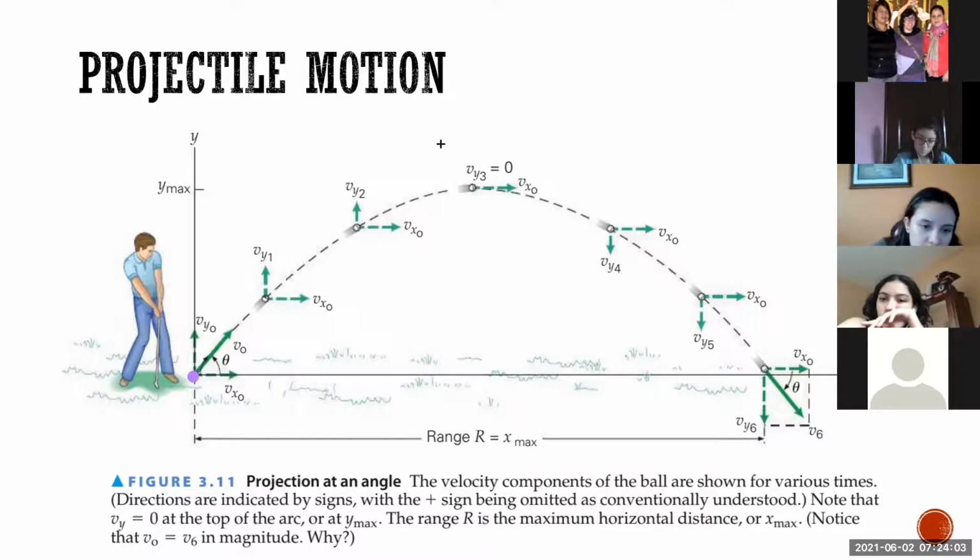Because that ball is going to be hit at a certain angle from the floor, it means that in every point, this ball is going to have components. Take a look.